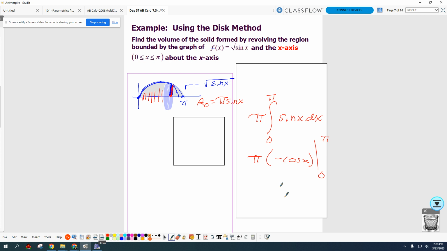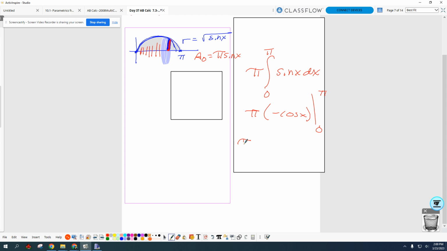Okay, plugging in the top one, what is cosine of pi? Negative 1. But it's negative 1, which is positive 1, right? So this was pi times negative 1, and then we are subtracting.